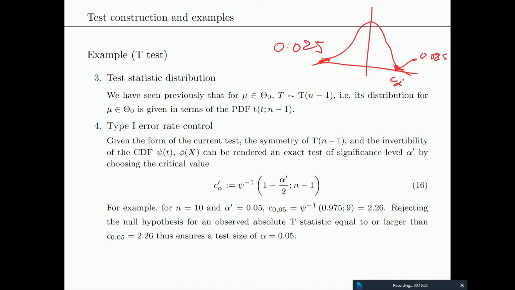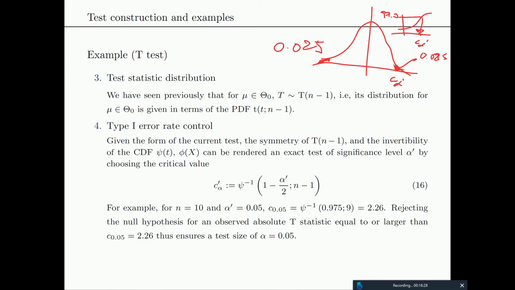And what is written up here in terms of the inverse of the CDF is just going from the probability, this is the CDF, from 97.5 to the corresponding value in T space, which is the critical value.